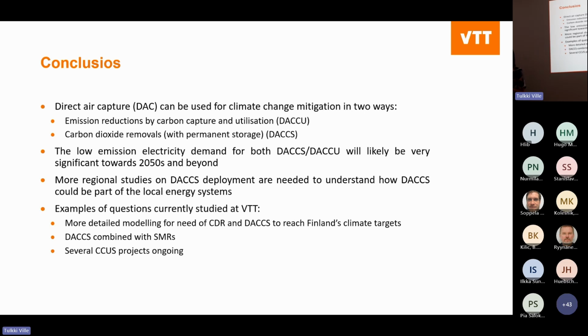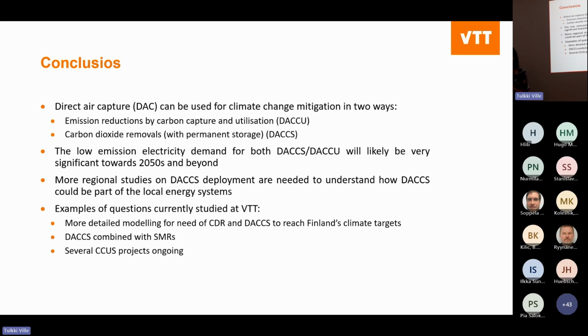And low emission electricity or heat will be needed for these technologies, and this can be very significant towards 2050s and beyond. And we will need more regional studies on how DAC systems could be combined with the local energy systems, and which would be the most beneficial to use this technology.